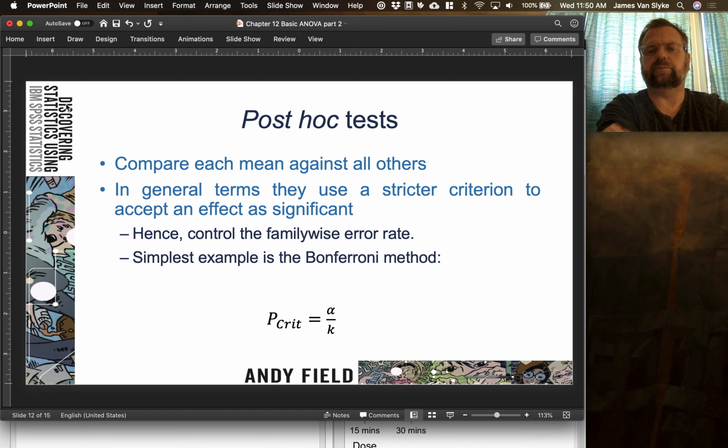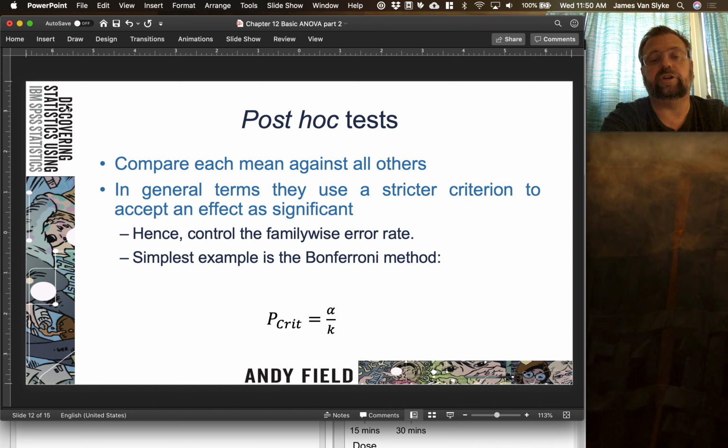Now, in general terms, these tend to use a stricter criterion to accept an effect as significant because you're comparing so many different means to each other and there's so many different tests co-occurring. You're actually going to be a little bit more stringent about when you would reject the null hypothesis.